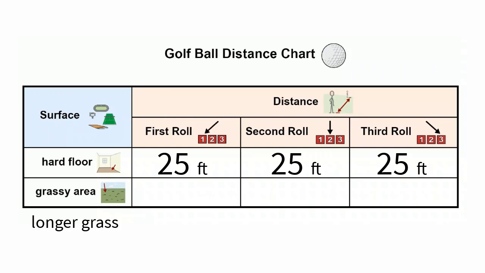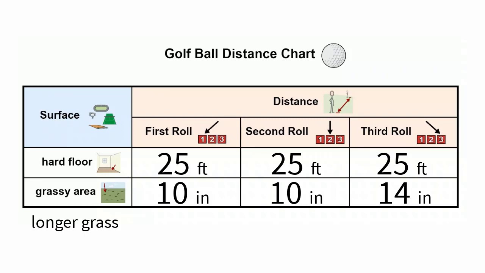When I moved to the grassy area that had the short grass, my first roll was 10 inches from the end of the ramp to where the ball stopped. The second roll was another 10 inches. And then the third roll was able to go 14 inches.